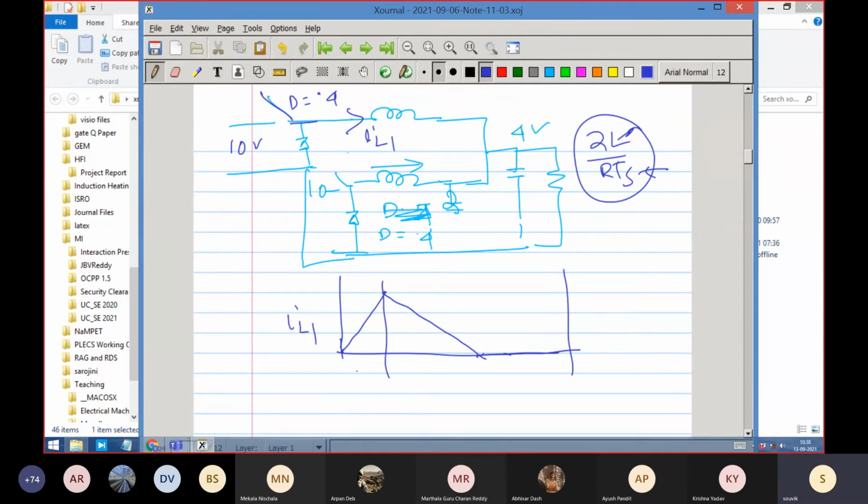So with varying L, I can put the current like this, for this current IL1. It is conducting D equal to 0.4 here, but here it is D2, right? The other inductor current, let me put it 0.5 somewhere here.